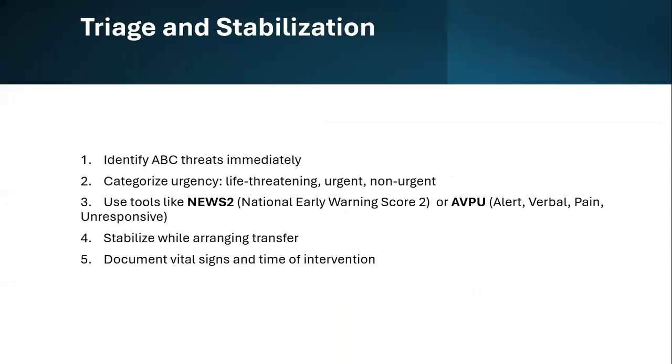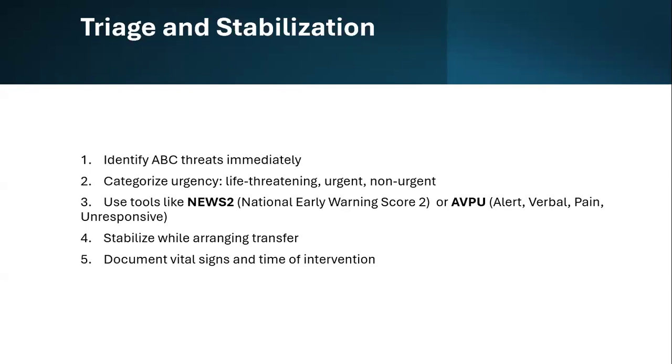And also, when it comes to accident and emergency, you have to identify the airway, breathing, circulation threats immediately, and you have to categorize this patient by urgency. There can be three categories broadly you can think of. One is life-threatening, second one is urgent, third is non-urgent. And you can use tools like NEWS 2, which is National Early Warning Score 2.